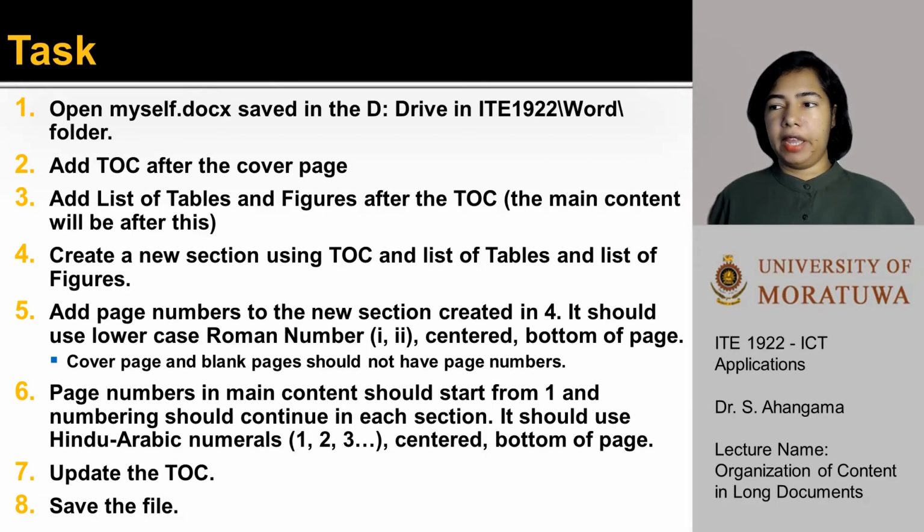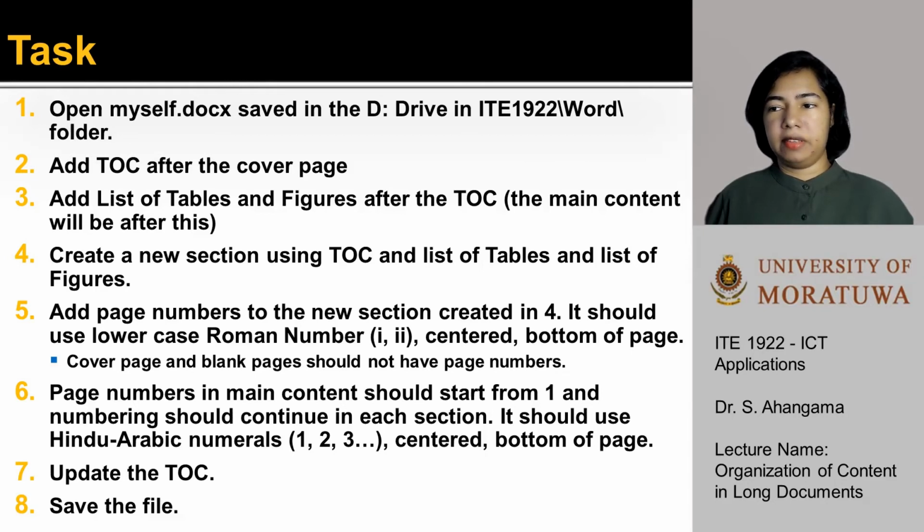Make sure the page numbers would be in lowercase Roman numbers. And it would be centered and at the bottom of the page. If you have the cover page and any blank pages, they should not have page numbers. So that would be one section.